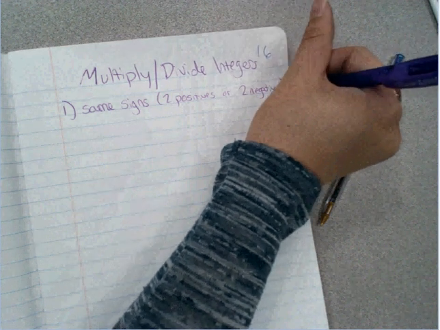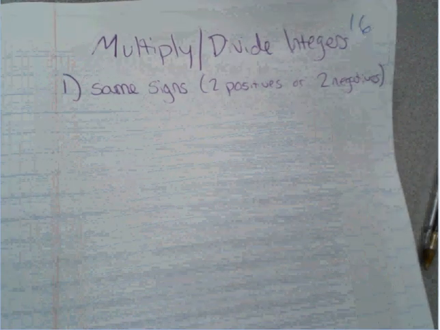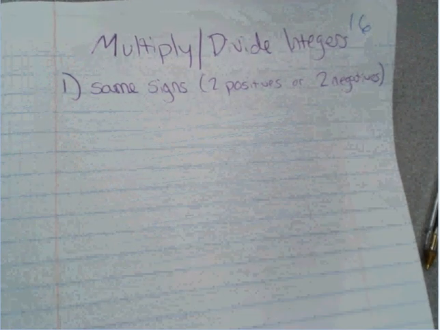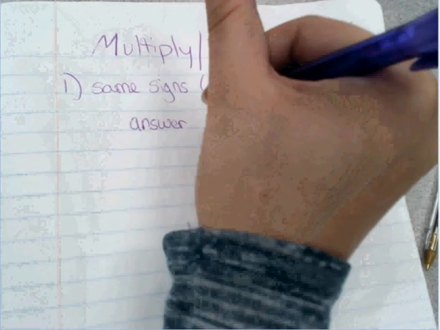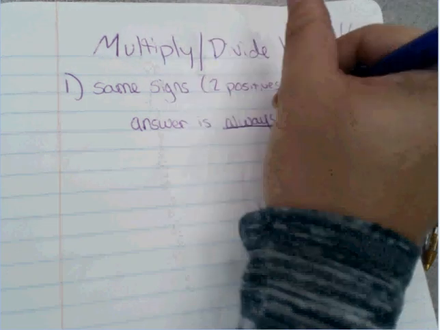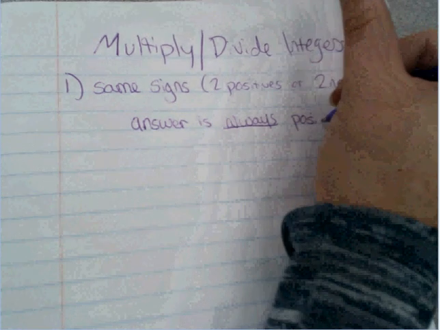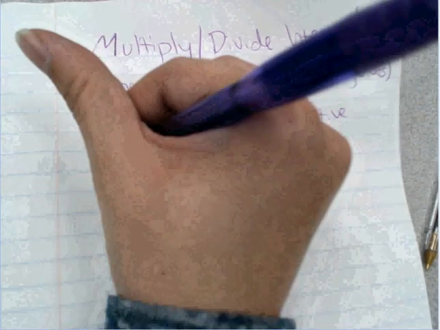If we have the same sign, then the answer is just positive. So we're going to put the answer is always positive. And this works for multiplication and division.